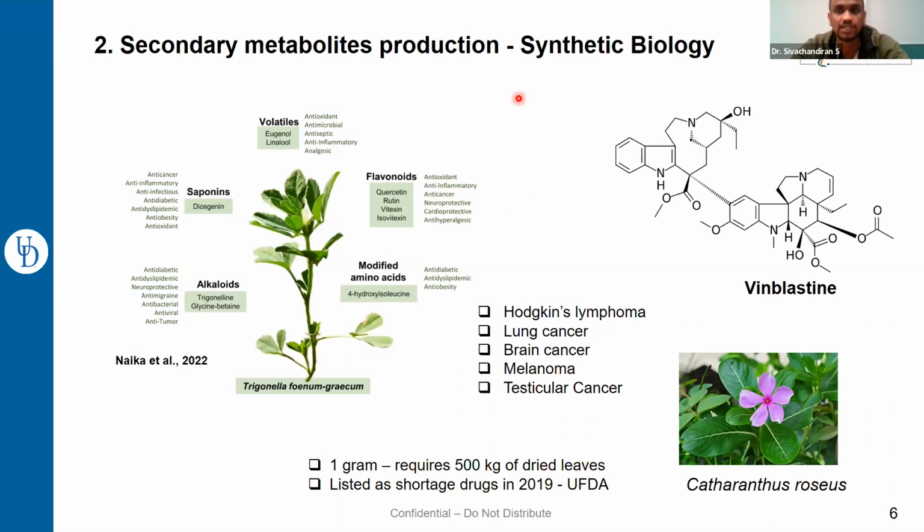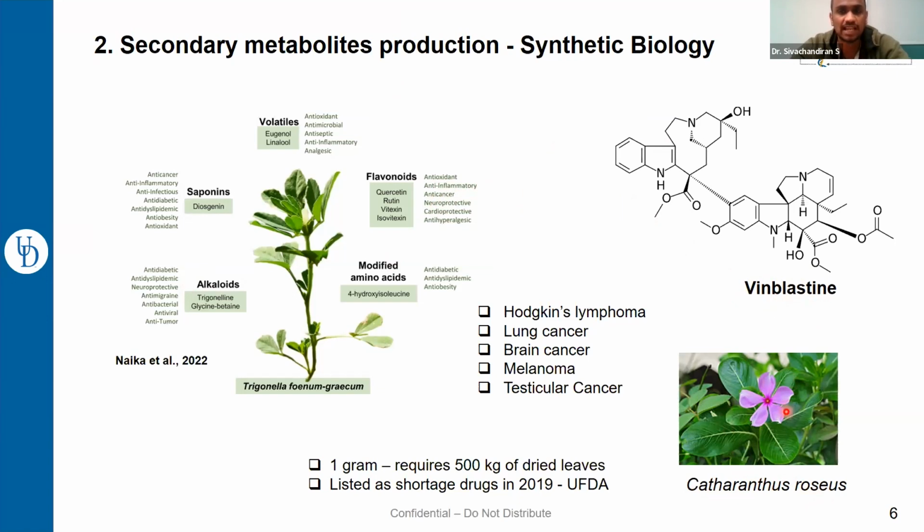There are so many properties. So there is a group from UC Berkeley, the PI is Jay Keasling. This lab recently, 2 months ago, produced an anti-cancer drug. This is a secondary metabolite. The components, they usually obtained from a plant called Catharanthus roseus leaf.